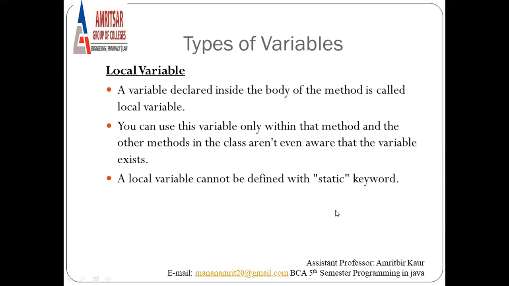You can use this variable only within that method, and other methods in the class are not even aware that the variable exists. Outside the function we cannot use local variables. A local variable cannot be defined with the static keyword. So the scope of a local variable is inside the method.